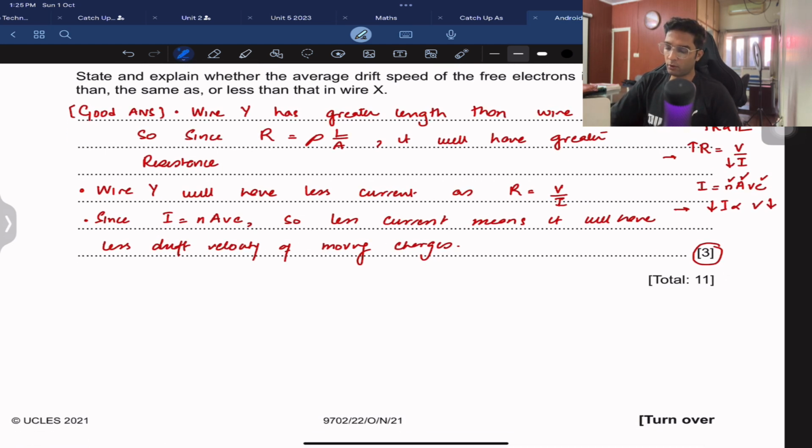Now most of us look at the mark schemes, and mark schemes are basically for teachers or examiners who want to assess a student, not for students to rote learn. If you rote learn the mark scheme, you start writing bad answers.